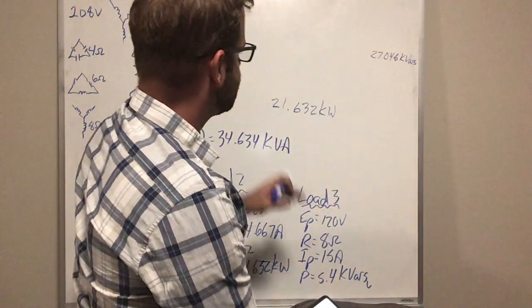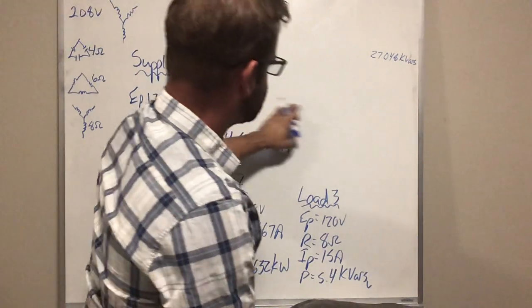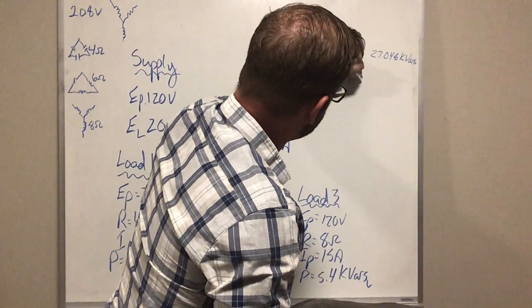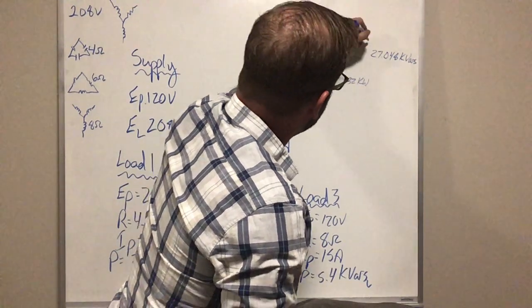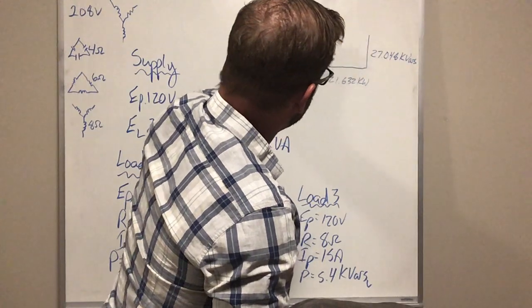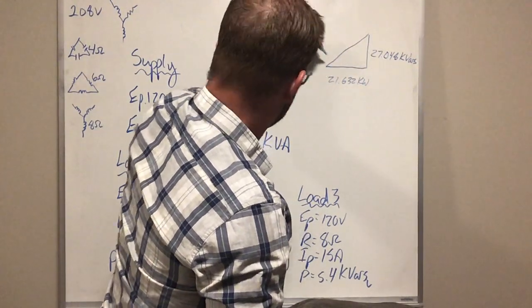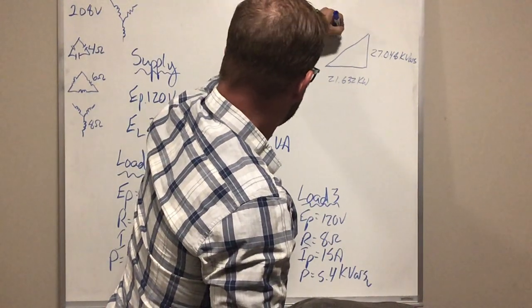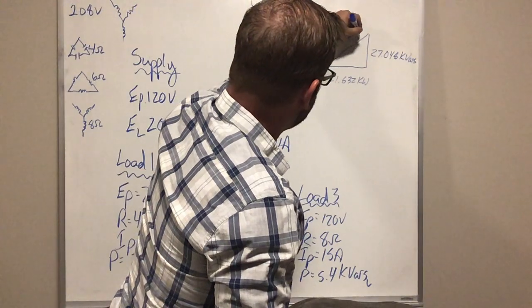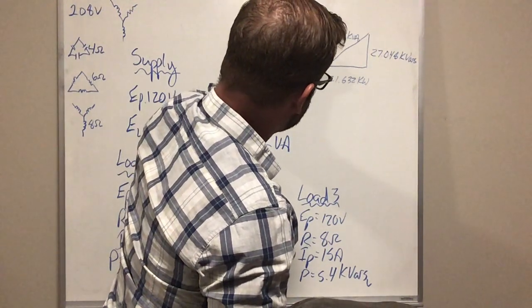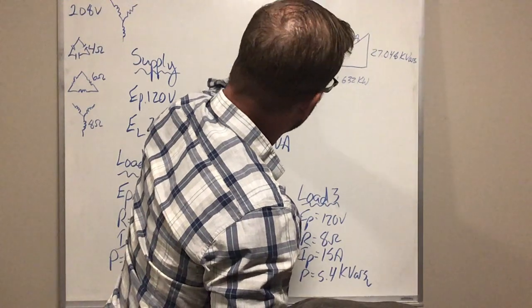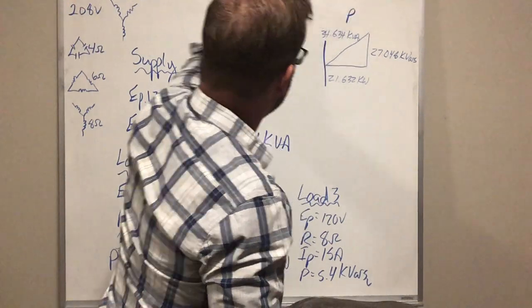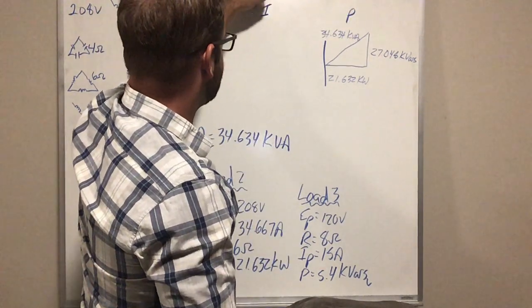Hopefully you can see that. 21.632. That was our power triangle, and we have our current triangle over here.